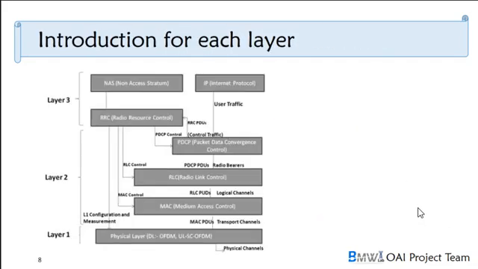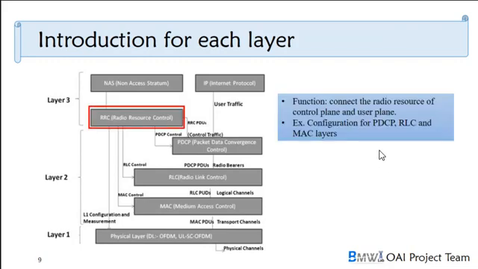Now the introduction for each layer. For RRC, the main purpose is to connect the radio resources of the control plane and user plane. For example, you have a configuration for the PDCP, RLC, and MAC layers.